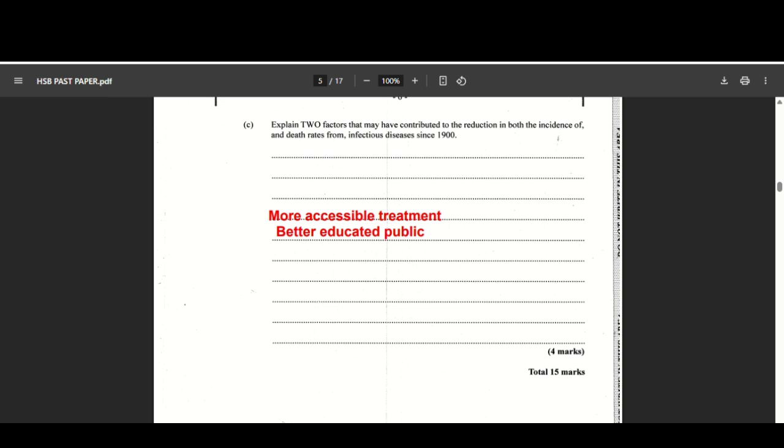And then the next thing is a better educated public. So if we have, for example, different health departments, going back to the government with better funding, if their goal is to inform and educate the public on HIV and AIDS, and show them the impact of it, the risk of it, right?